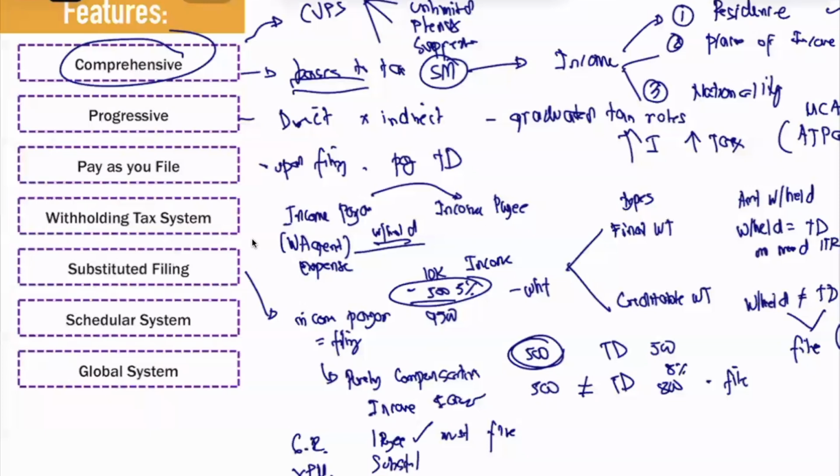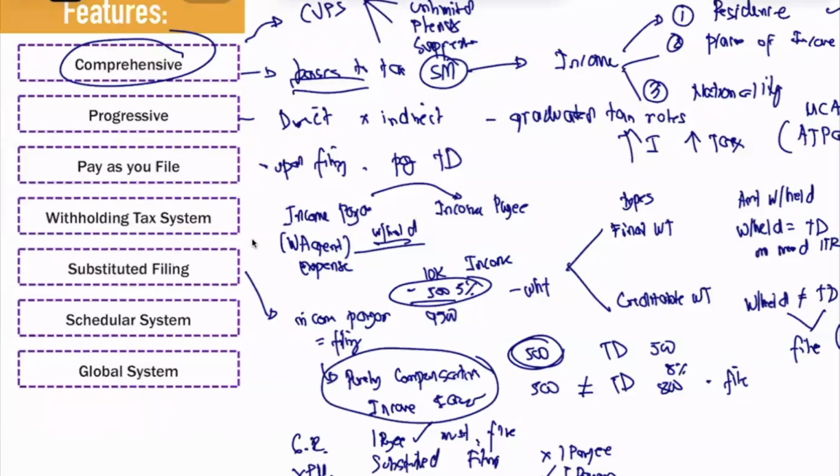The exception to the rule is the substituted filing. In a substituted filing, it is not the income payee who files the tax return, but the income payer. And when can there be a substituted filing? If you are a purely compensation income earner.